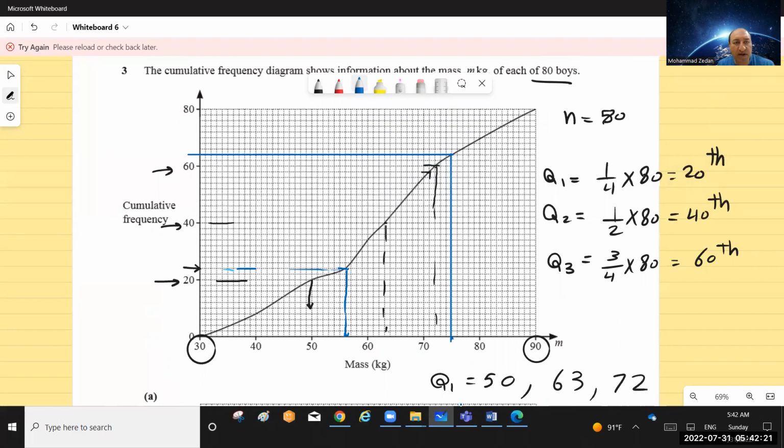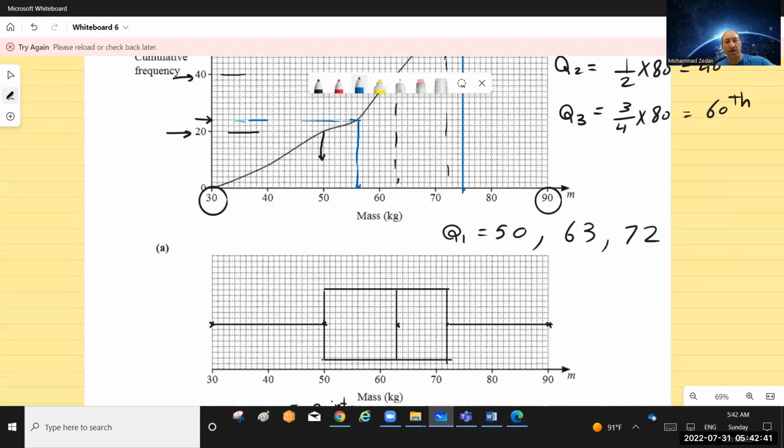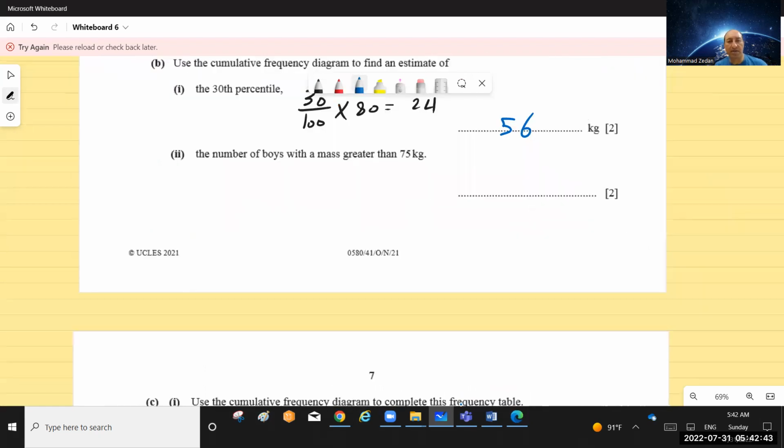This point is 64. Don't forget each millimeter here represents 2. So 64. For more than 75, the number from 64 to 80 is 80 minus 64, which gives you 16.